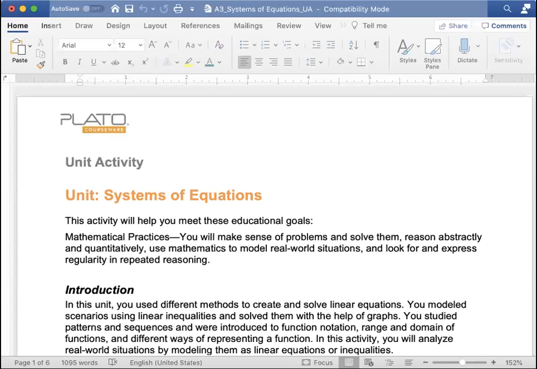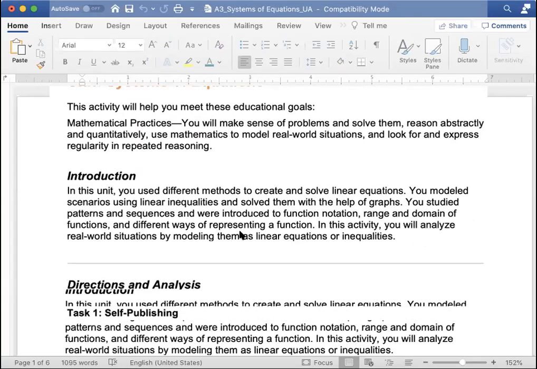I want to make sure I'm saying it right. Solving linear systems of equations unit. Unit activity, systems of equations. Okay. So I'm going to be reviewing how to complete this, and this should help you get it done.